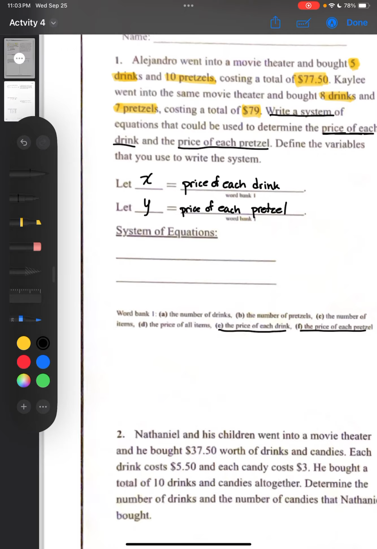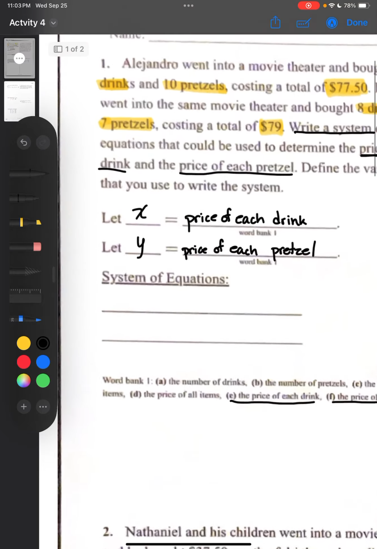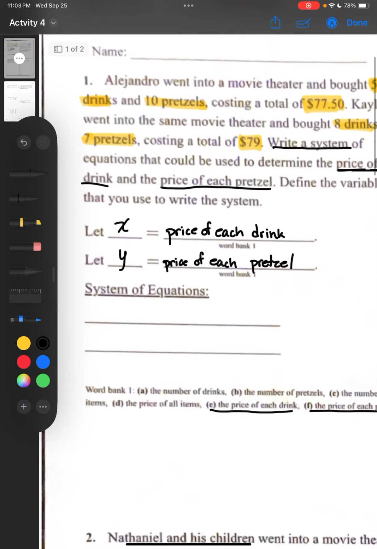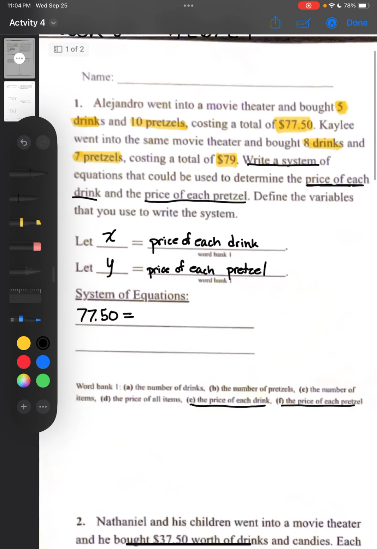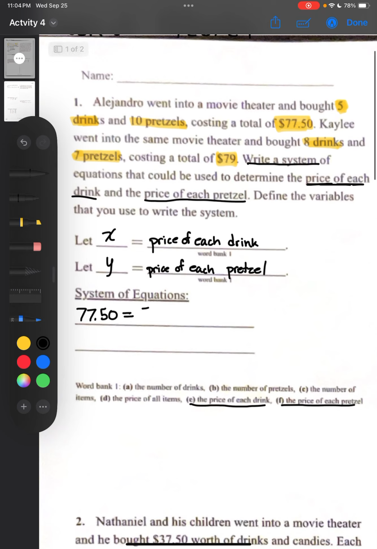Now, when writing these equations, our total for Alejandro was $77.50. Now that equals the 5 drinks, that's where the x is coming from, our x up here, plus our 10 pretzels.